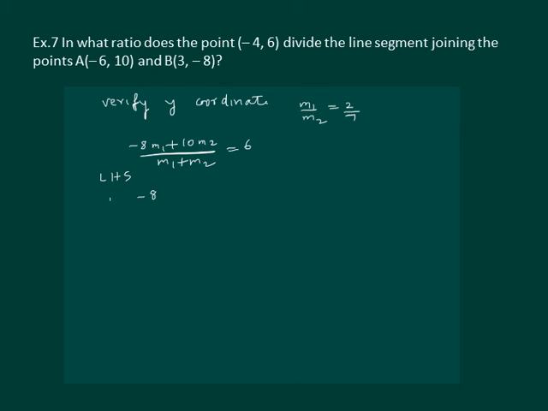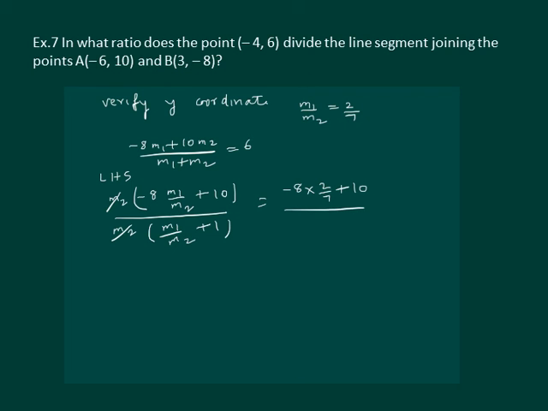If we take out m2 common, we get m1 by m2 plus 10. Again, taking out m2 common from the denominator will give us m1 by m2 plus 1. So now we can substitute m1 by m2. We get (-8 into 2 by 7 plus 10) whole by (2 by 7 plus 1).